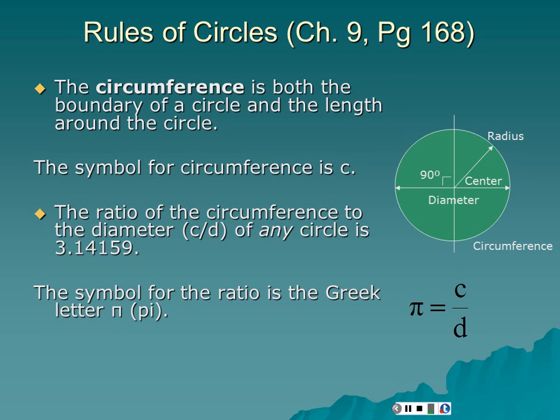It's really interesting. Doesn't matter what circle it is, how big it is, how small it is, what the radius is, what the circumference is, the ratio of circumference and diameter of any circle is always 3.14159.